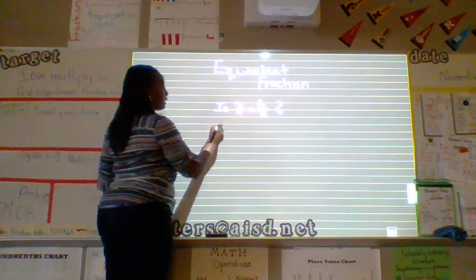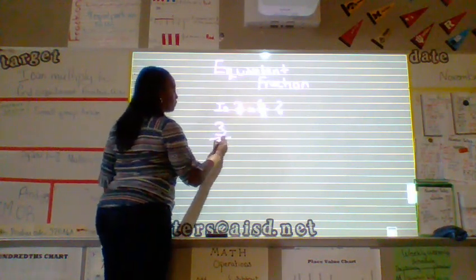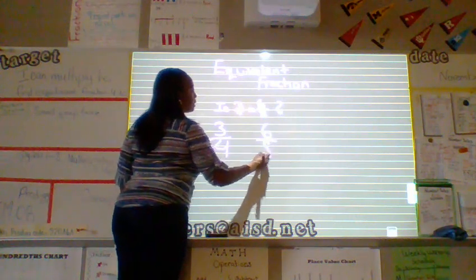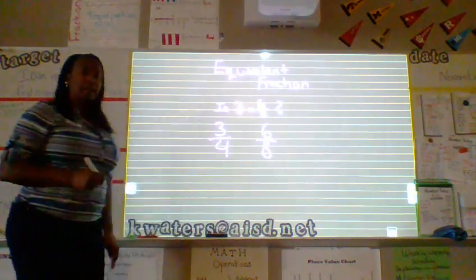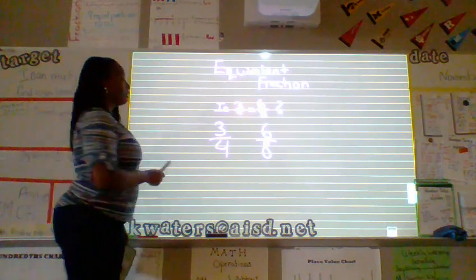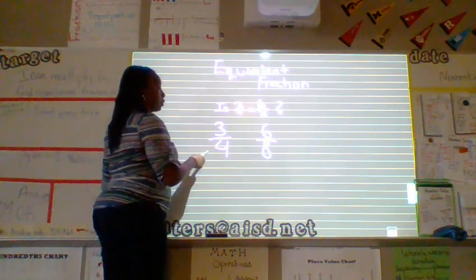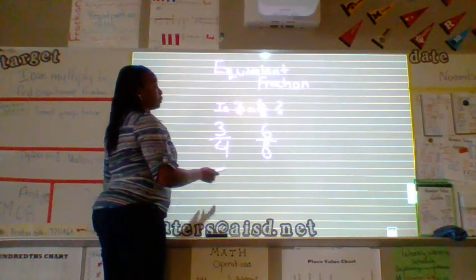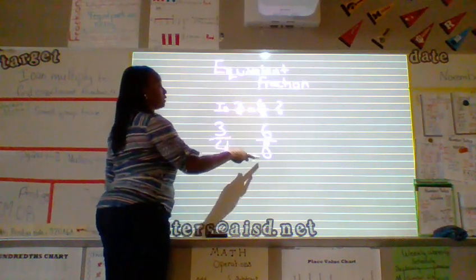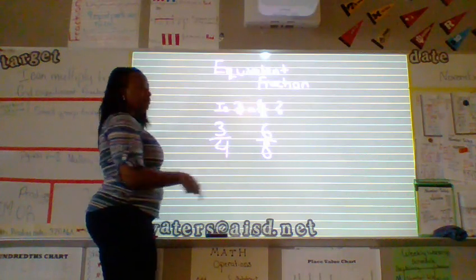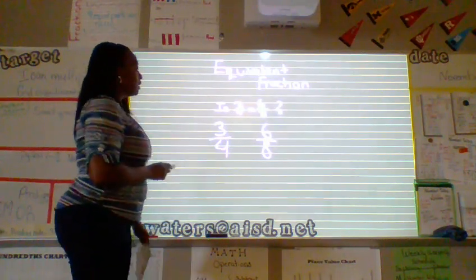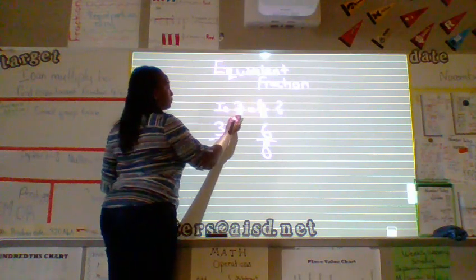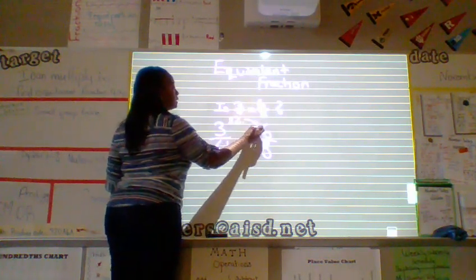Well, taking a look at the fractions 3/4 and 6/8, the question becomes, is there a factor that you can multiply 3 and 4 by, the same factor, to give you the numerator and denominator of 6/8? So I know that I can multiply 3 times 2, and that would give me 6.